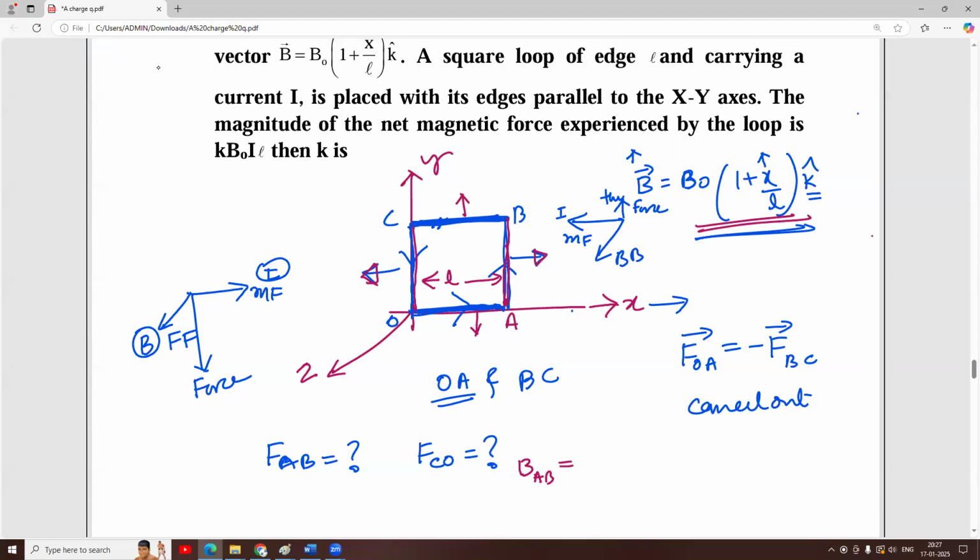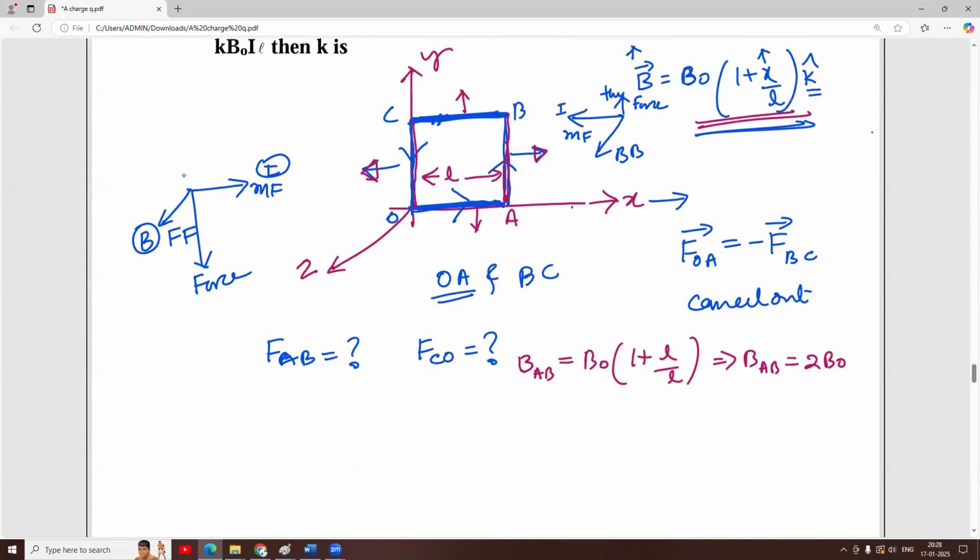So the magnetic field in the region of AB, at a distance L, is B naught into (1 plus L by L), which is 2B naught. What about the magnetic field in the region of CO? Put x equal to 0: B naught into (1 plus 0 by L), that is equal to B naught.